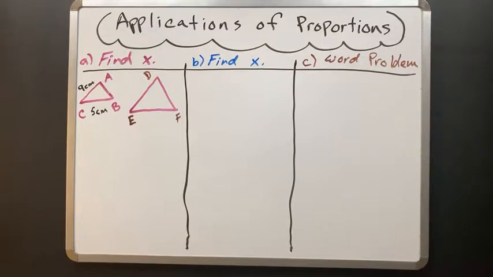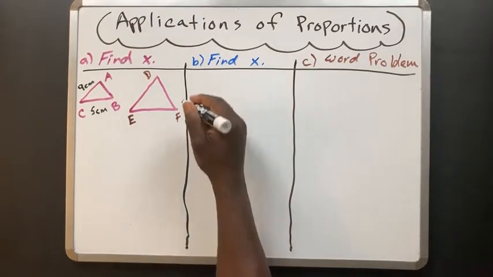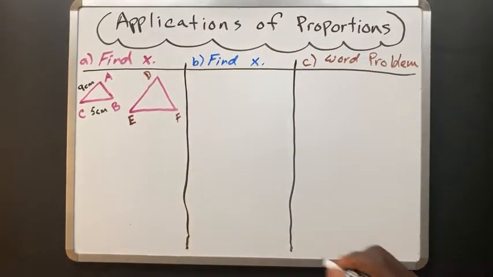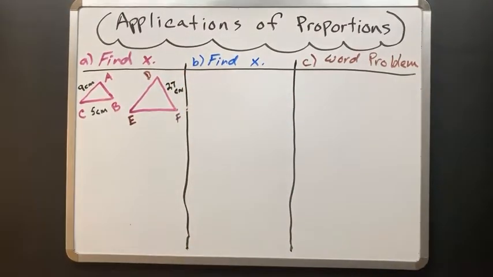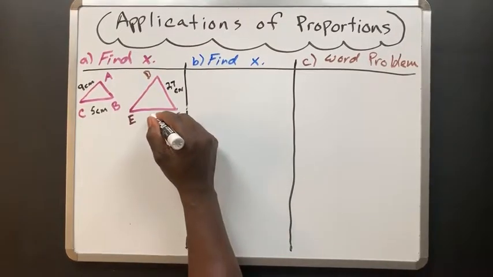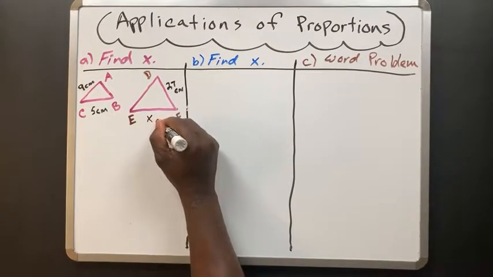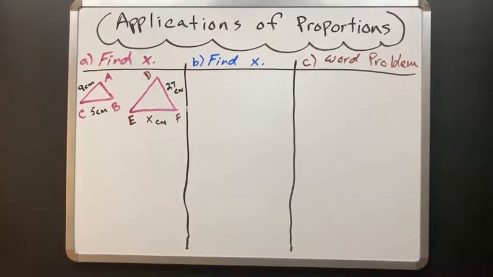And for segment DE, there's a little geometry here too, even though it's under the category of algebra. This side length is 27 centimeters. And this side length is X centimeters, okay?